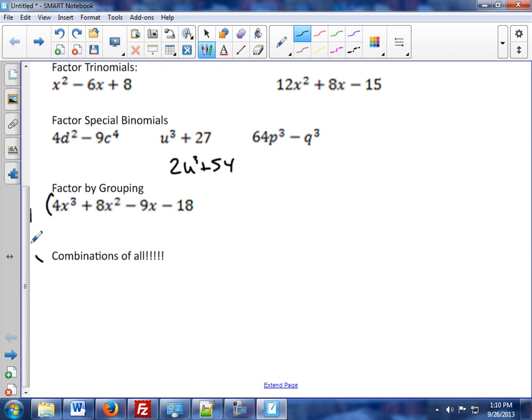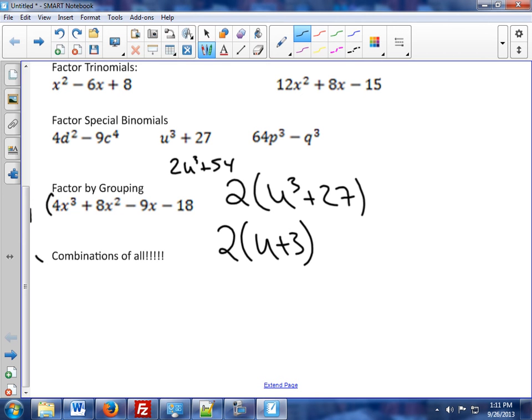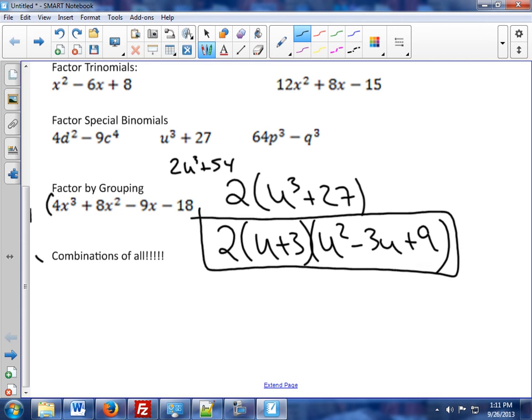I could give you one just like that and say factor it. So the first step is you'd have to pull a GCF out. What would give me u cubed plus 27? And you'd have to factor that one. Just leave the 2 outside all the time because this would be u plus 3 times u squared minus 3u plus 9. And that whole thing would be your answer.